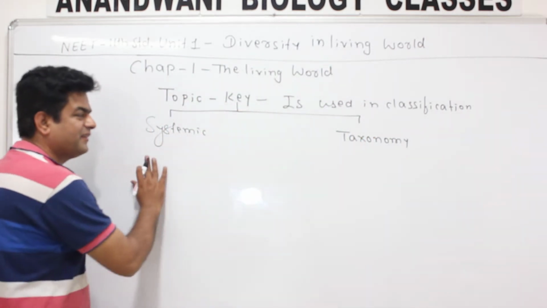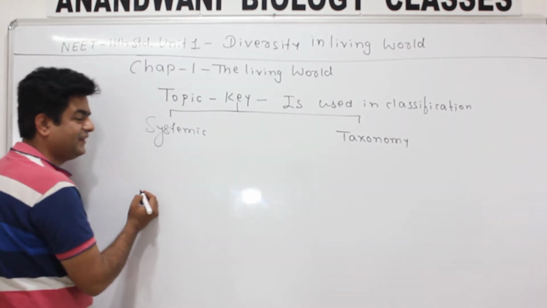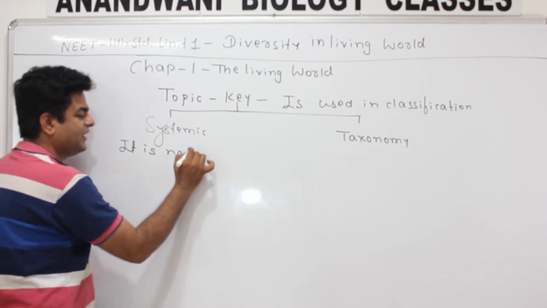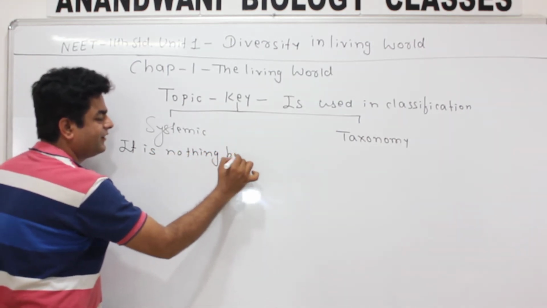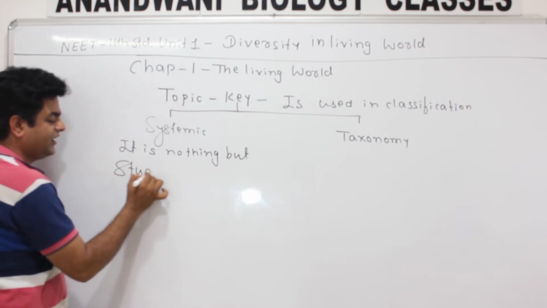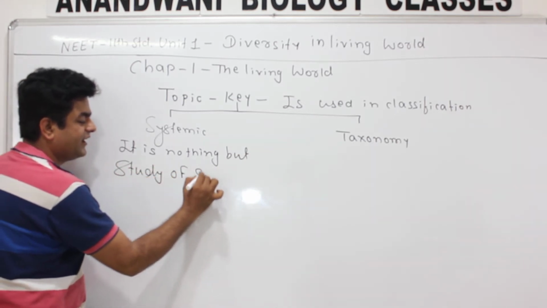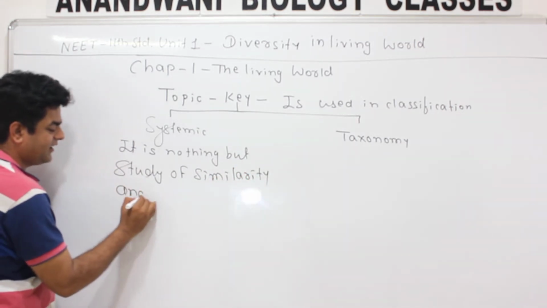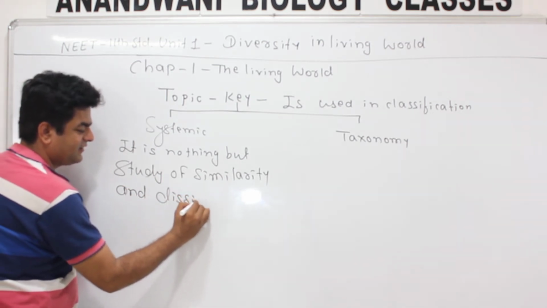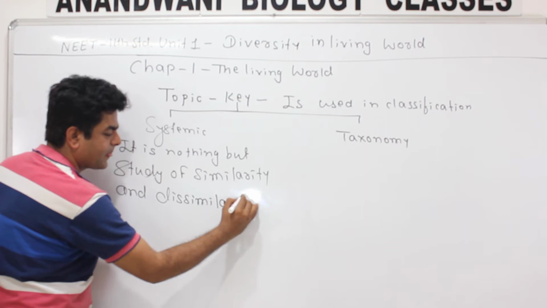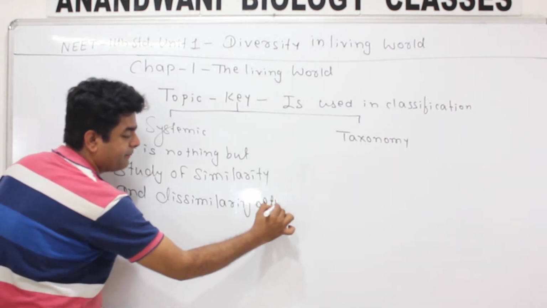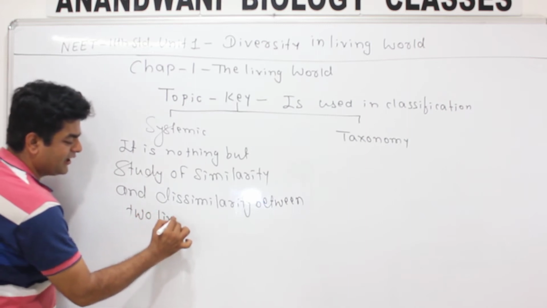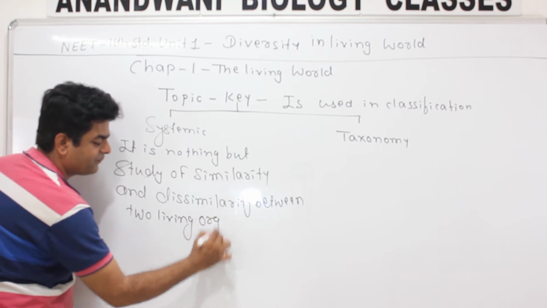So first of all, what is meant by systematics? Systematics can be defined as nothing but the study of similarity and dissimilarity between two living organisms.